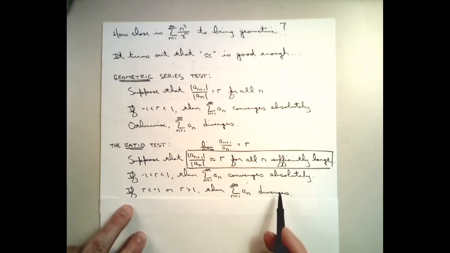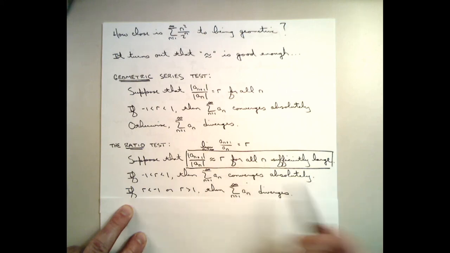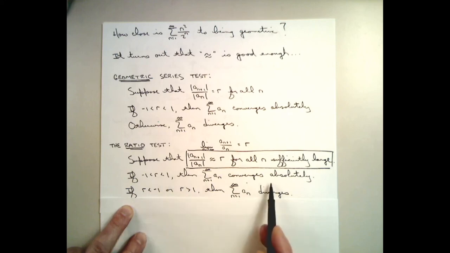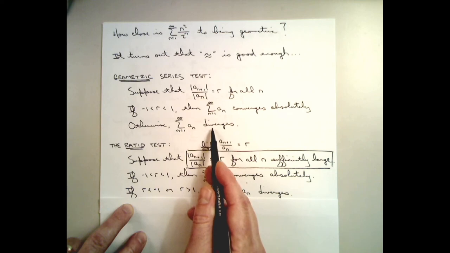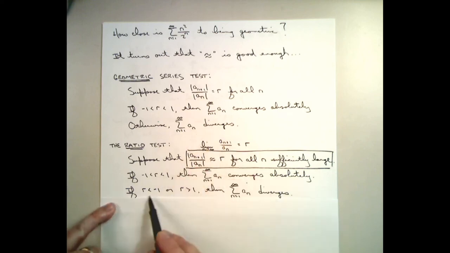One difference between the geometric series test and the ratio test is it's not quite as crisp. I do know that if r is between -1 and 1, the series will converge absolutely. But with the geometric series test, if it were anything else, then the series diverged. With this one, it turns out we don't know what happens whenever r is equal to 1.